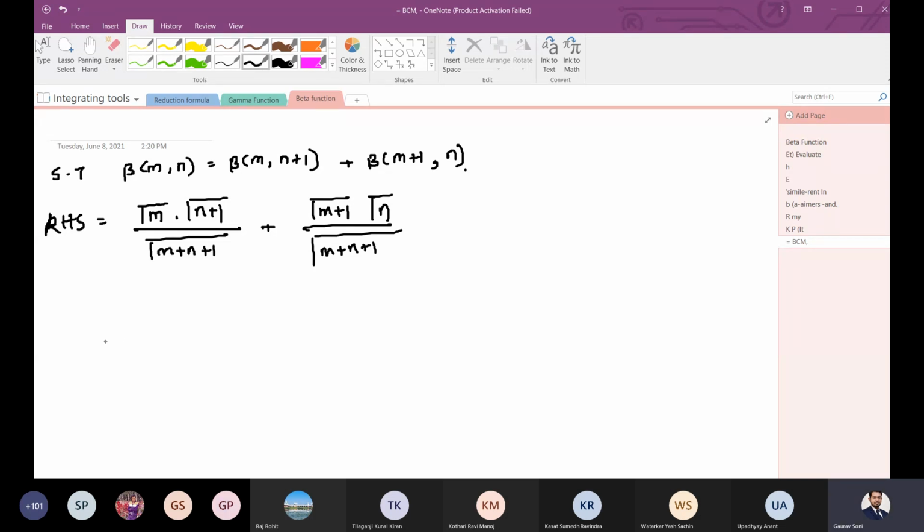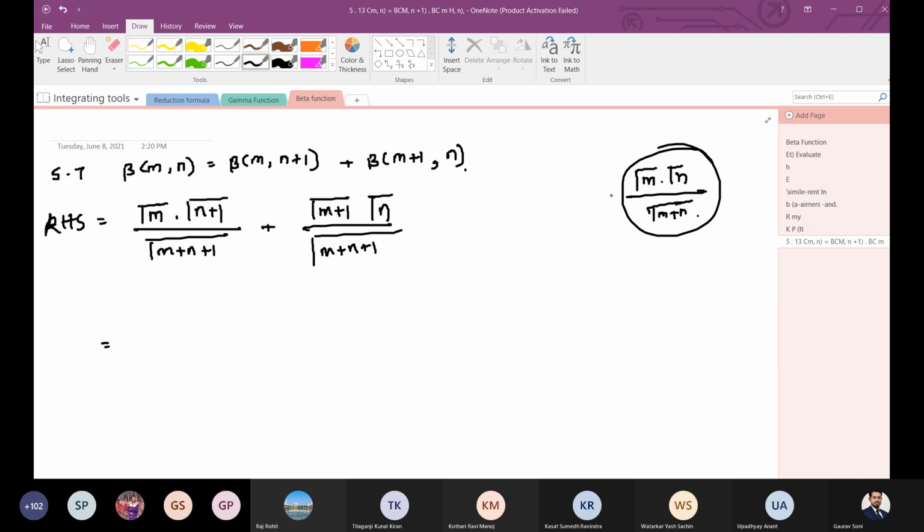Look, what we need is beta of m comma n. I'll just write it down here: gamma of m, gamma of n upon gamma of m plus n. This is what we need. Remember this. So in order to get that, what we can do here is I can write n plus 1 as n gamma n.